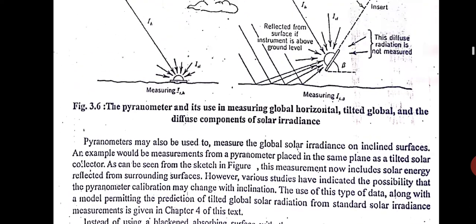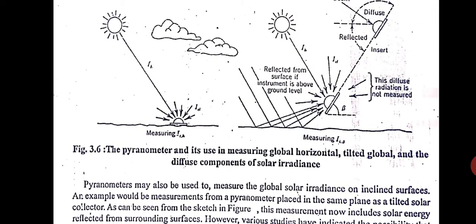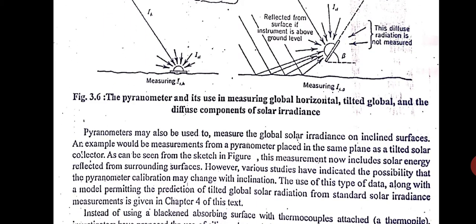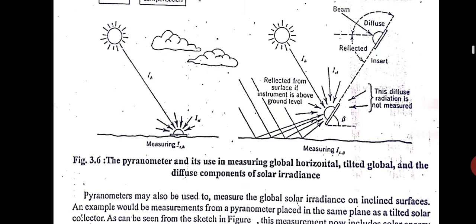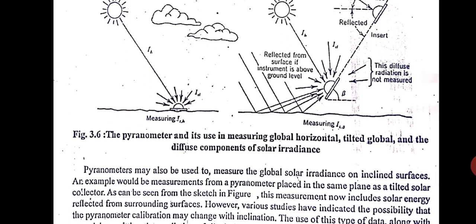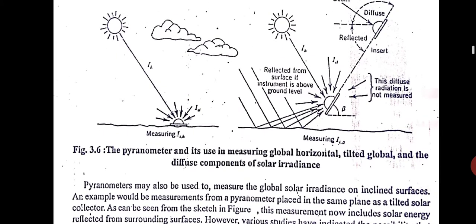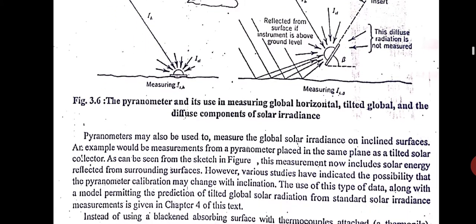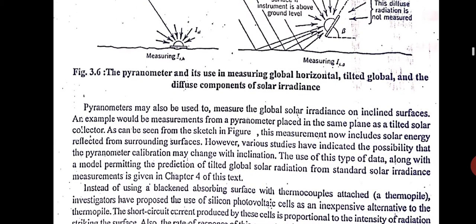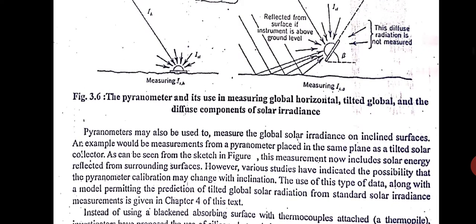You can see from the sketch here, it is now kept at an angle beta. The measurement now includes solar energy reflected from the surrounding surfaces. So when you keep it like this, the sunlight will fall on the surrounding surfaces, and that reflection will also come onto this pyranometer.